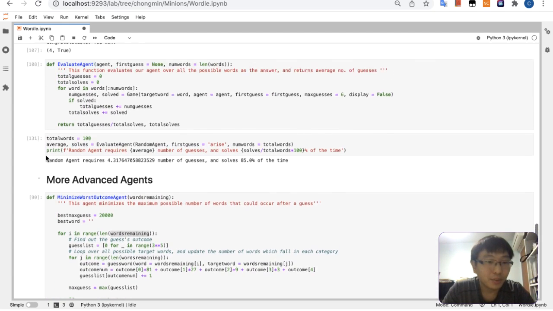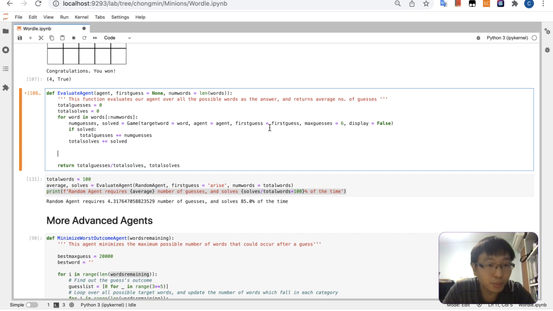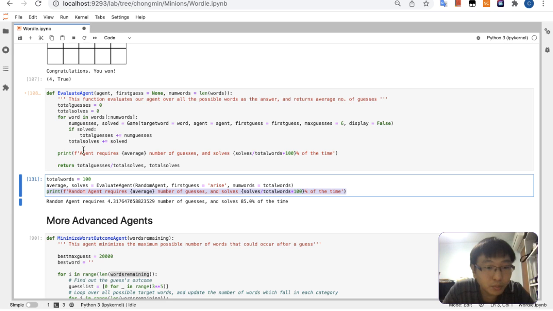Okay, so we can also run this evaluate agent thing. So maybe actually what I should do is just print this here. Then I don't need to.